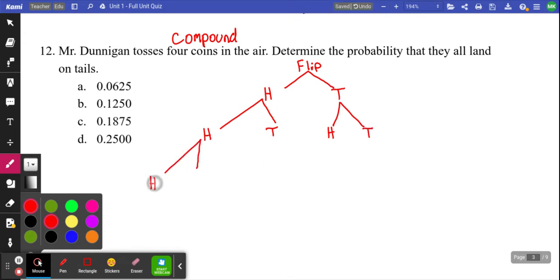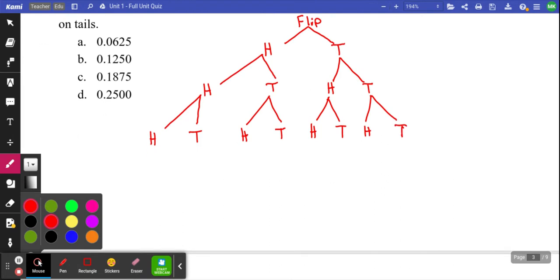You're either going to get heads or you're going to get tails. Right, this is our trees. We use these for repeated events. And we have to flip one more time to get all of our possible outcomes here.